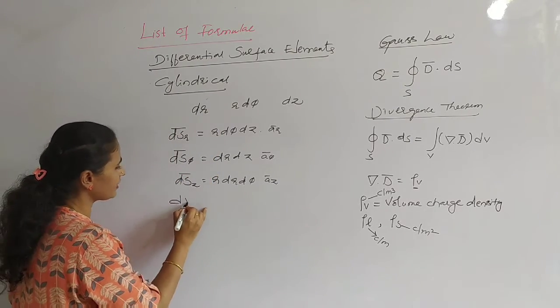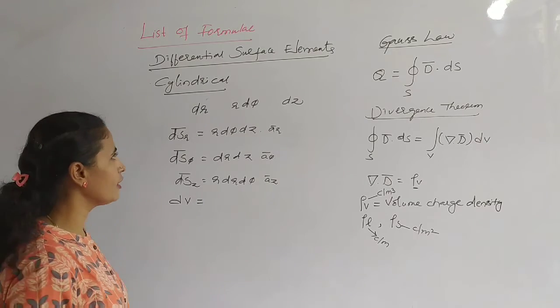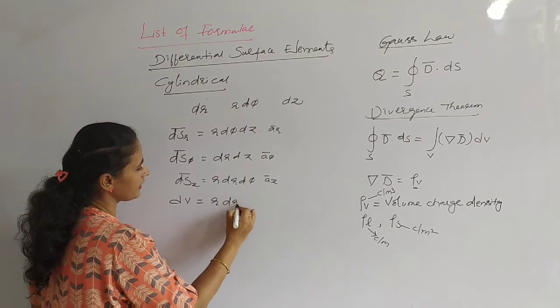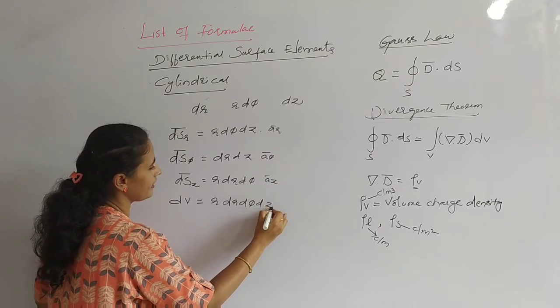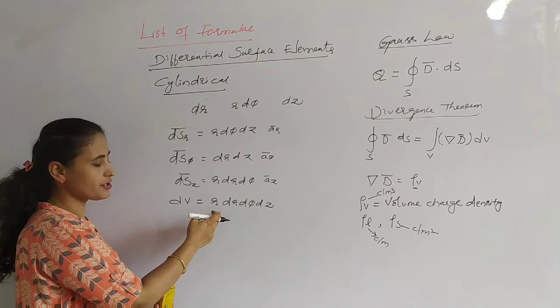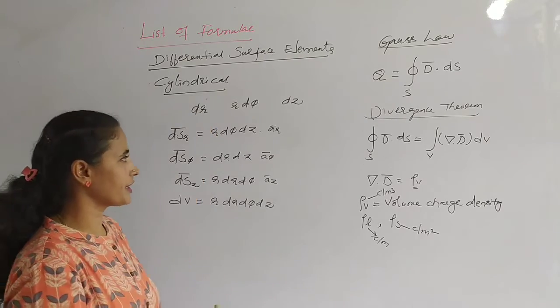If you want the differential volume, it is the product of all three terms: r dr d phi dz. These are the differential surfaces and volume in cylindrical coordinates.